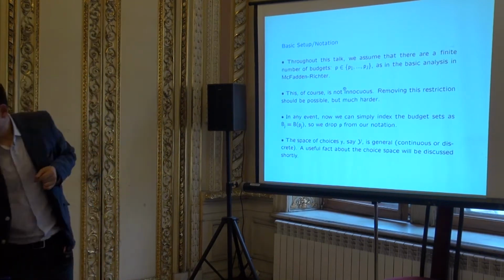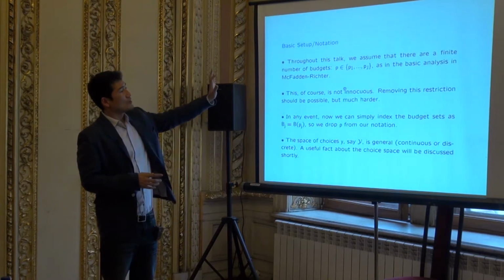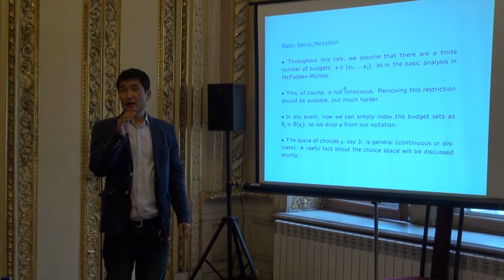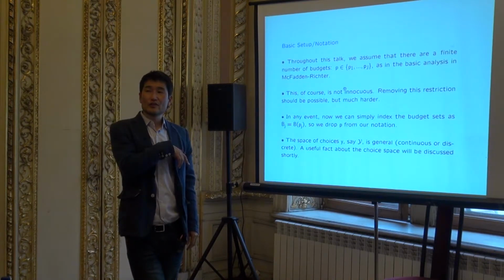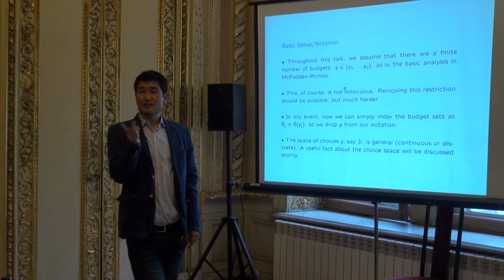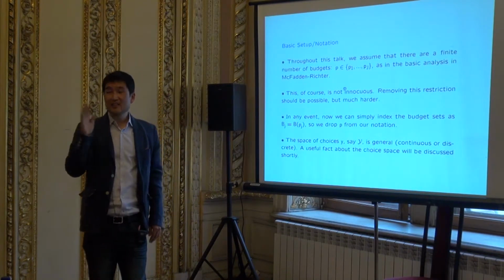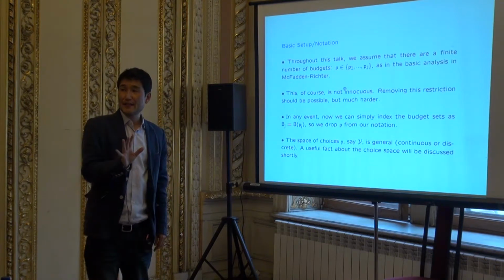I am going to focus on the case where there is only a finite number of budgets, and indeed, when I show you the actual application, the number of budgets is typically 8. So there aren't many budgets, partly because there's a computational limit.